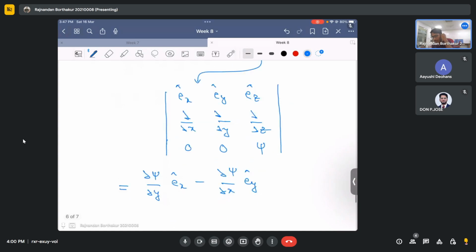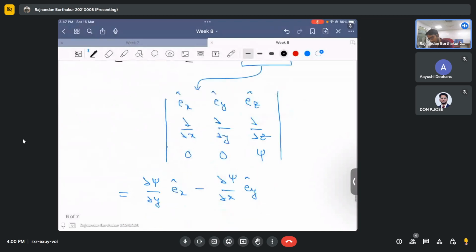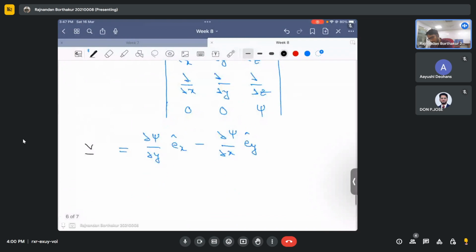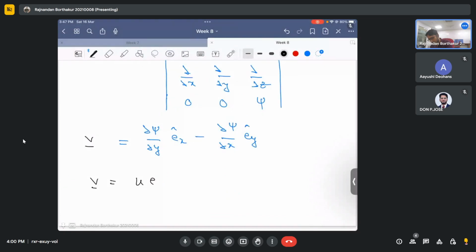So as I said, this is the velocity field. We know the velocity field can be written as u times ex plus v times ey.